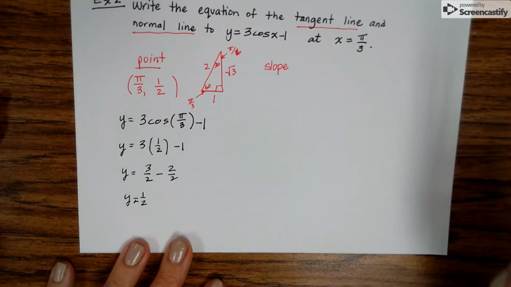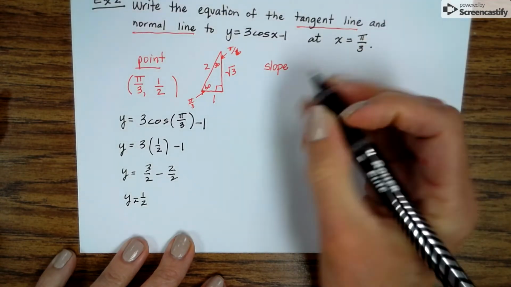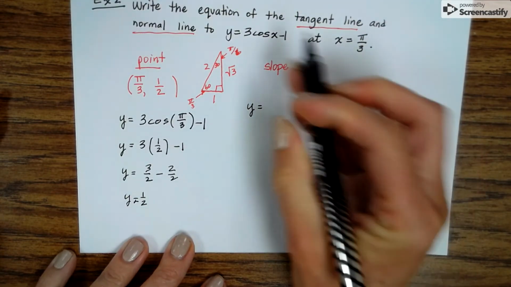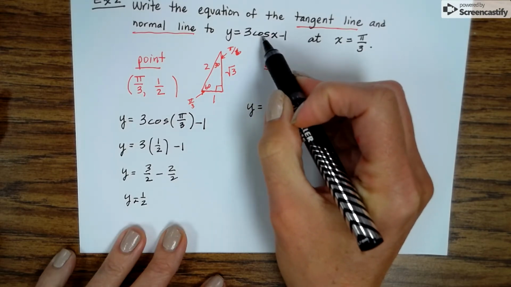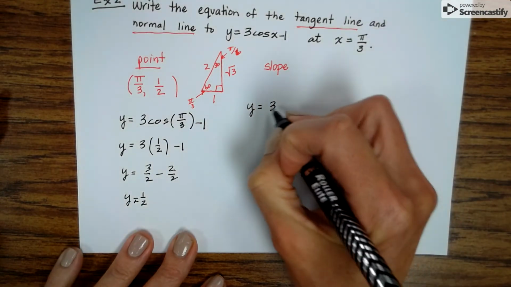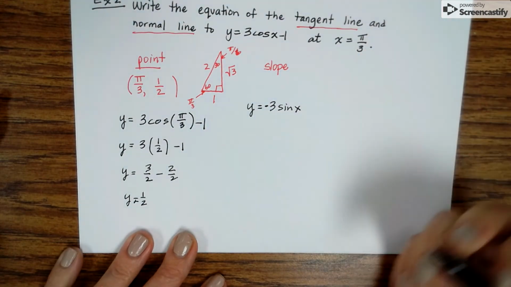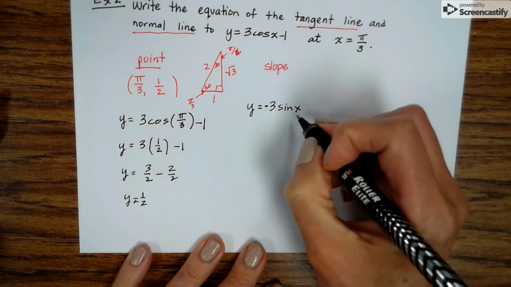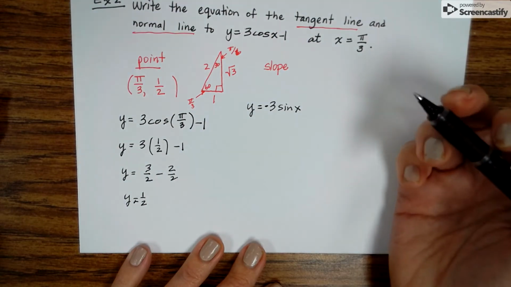So now I have the point that's on the tangent line. Now I need the slope of that tangent line, which is going to require me to find the derivative of this function here. When you have a number in the front, it's going to be 3 times the derivative of cosine, and the derivative of cosine is negative sine. So I'm going to put the negative here, and then the derivative of -1 is a 0.